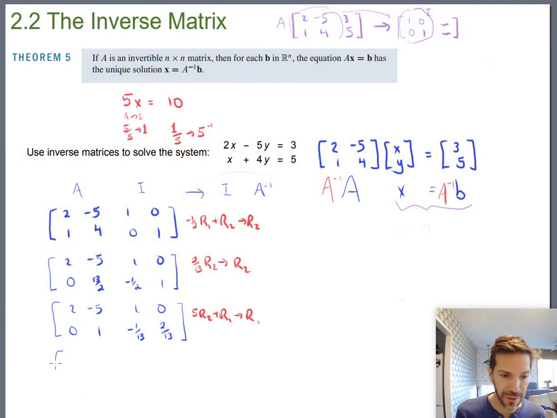I'll squeeze one more step in here down on the bottom, and then we'll take it home over here on the right. Okay, let's see, 5 of row 2 added to row 1, so 5 added to negative 5 is 0. That'd be negative 5/13 plus 13/13, so 8/13. And 5 of that, so 10/13 added to 0, so 10/13.